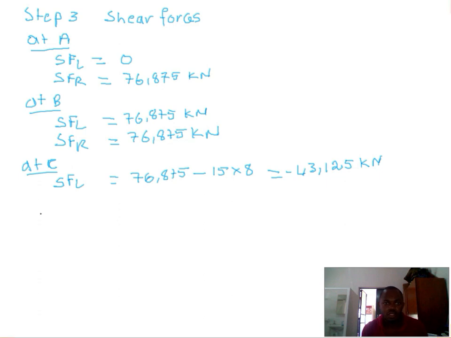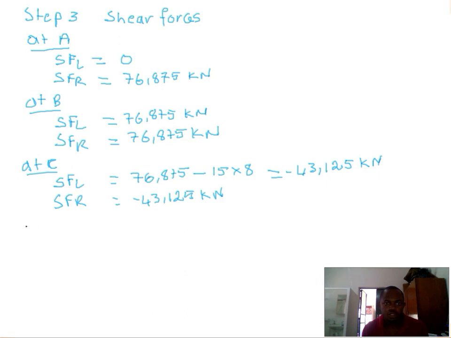Here we go. And then the shear force at C right is the same as previous, 43.125 kilonewton.